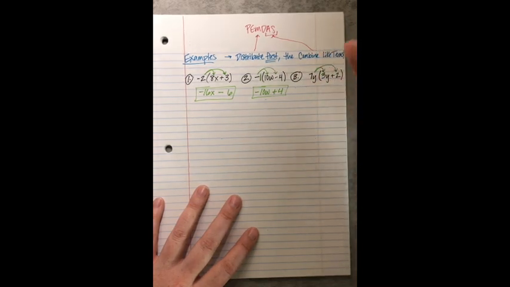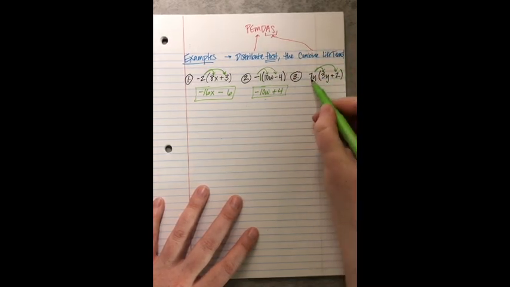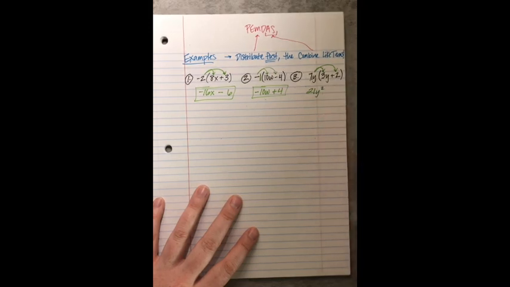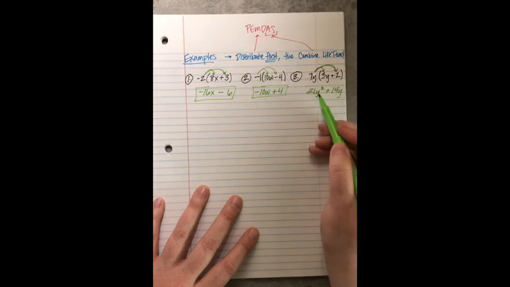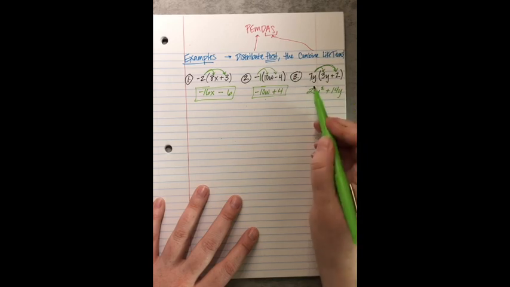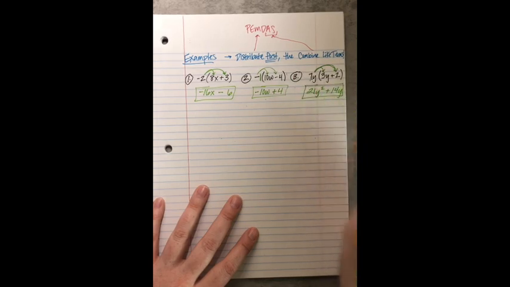Got to be so careful with your powers here. What I do is I just multiply the coefficients. 7 times 3 is 21. And then I say y times y. What's y times y? It's y squared. So that right there is 21y squared. 7y times positive 2 is positive 14y. These have the same variable, but they're not raised to the same power, so they're not like terms. I'm done.